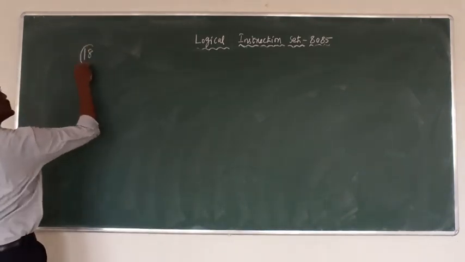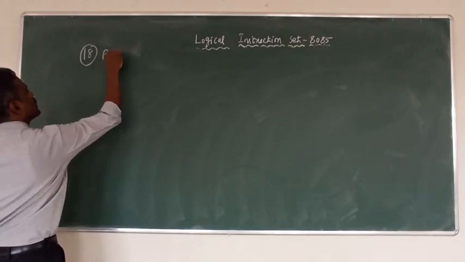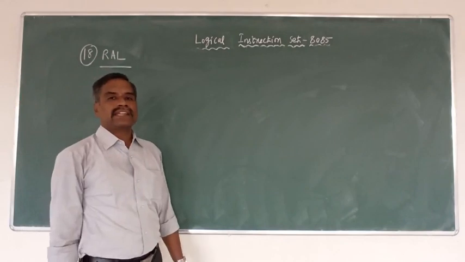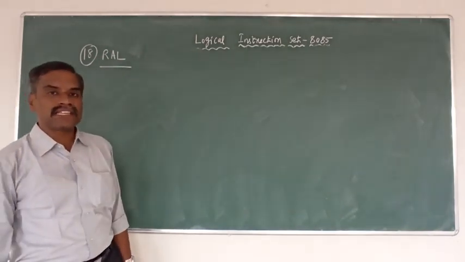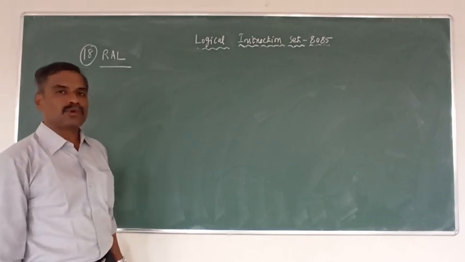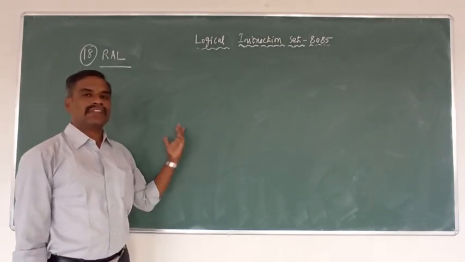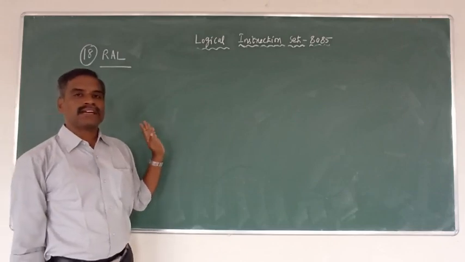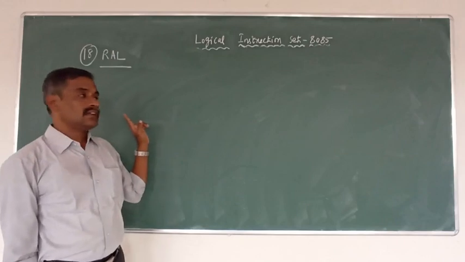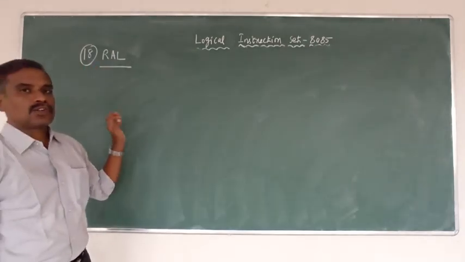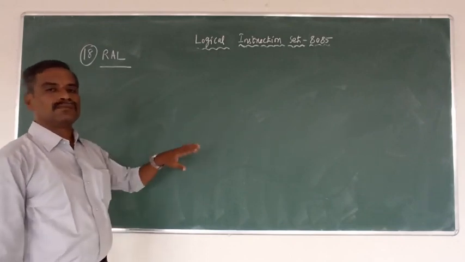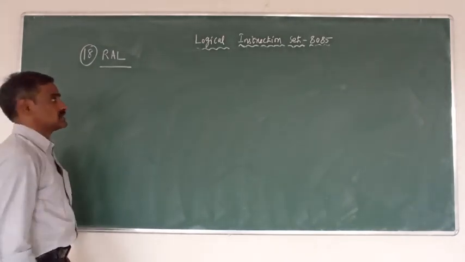Next instruction, RAL. RAL means rotate accumulator content left with carry status also. It will move the carry bit position also, and the previous one did not move the carry bit position data. Here RAL will rotate the carry status also to move to some other position.